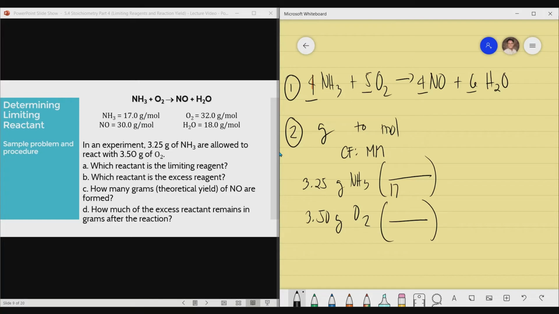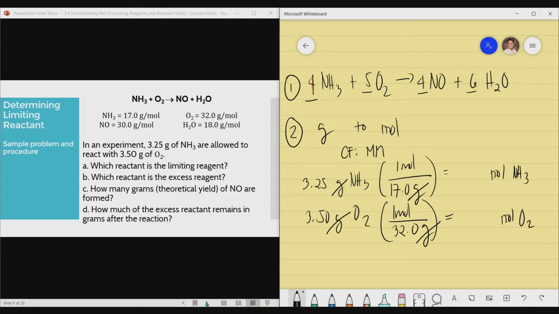I put 17.0 grams and then 1 mole at the numerator. Grams will be cancelled, and now I have the unit mole of NH3. And then for O2, I have 1 mole all over 32.0 grams. Grams will be cancelled, and I now have the unit moles of O2.